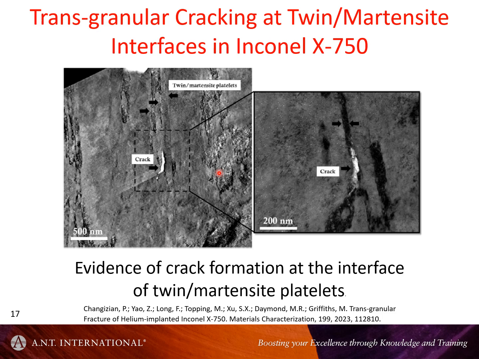So this is tested to high strains and high stresses, but in terms of the cracking itself, it tends to follow where we have these platelets, these twin martensite platelets.